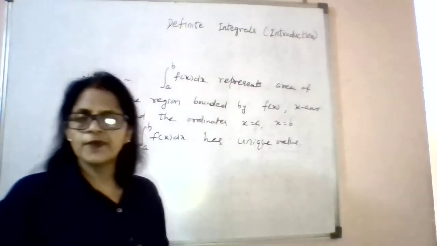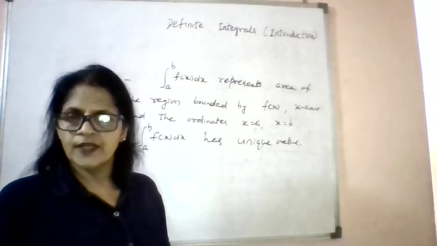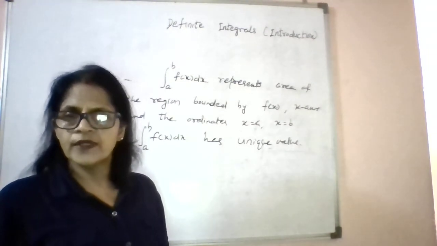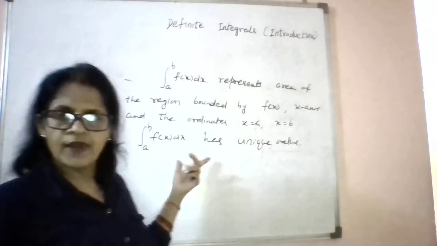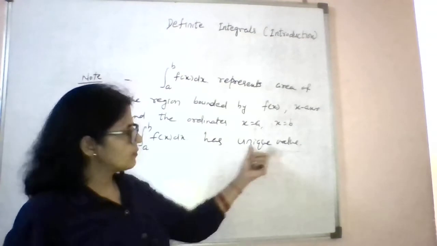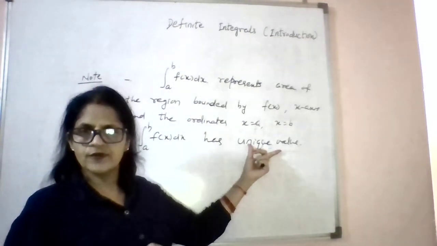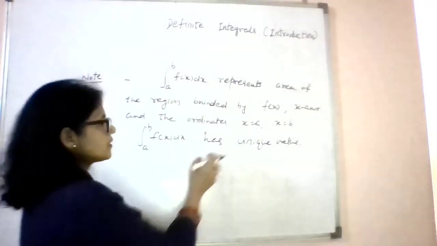Because of the presence of the constant of integration, you get various values. That's why we call it indefinite integral. But here the value is fixed. Whichever method you may follow, you will be getting only one answer for one question with fixed limits, right? So it has a unique value.